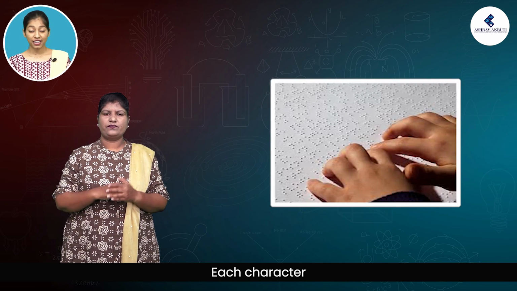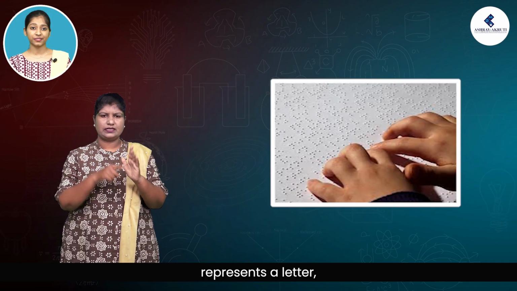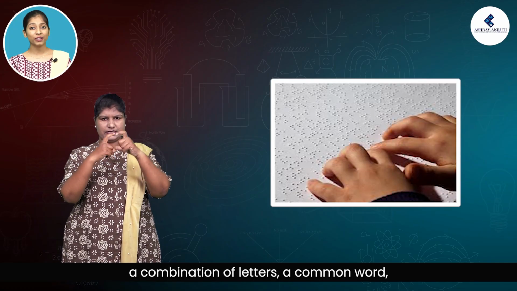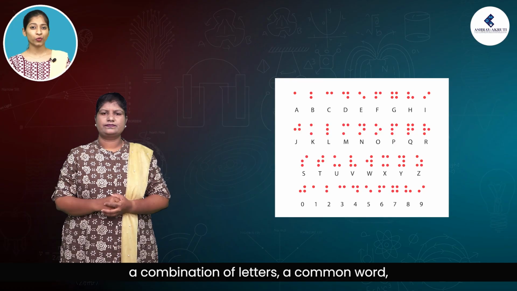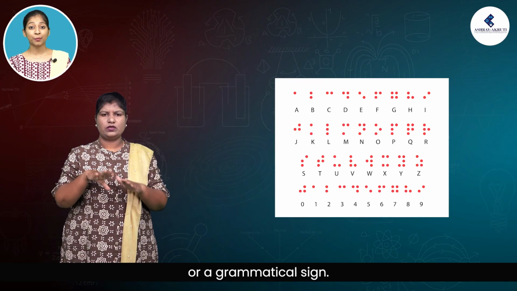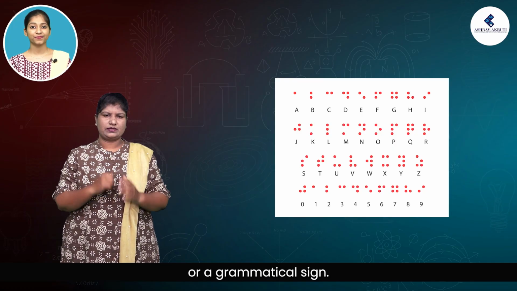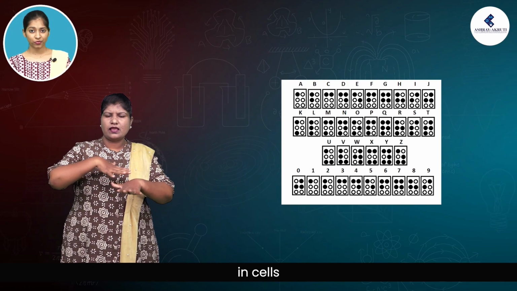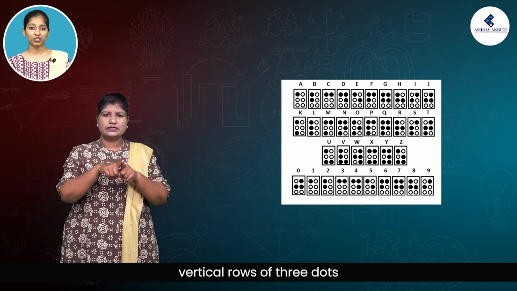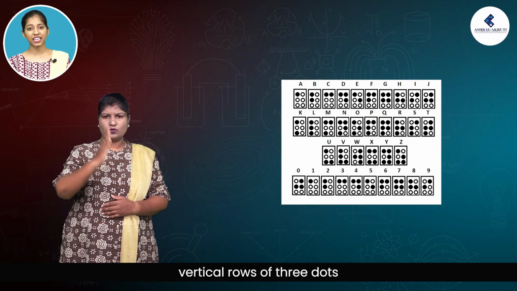Each character represents a letter, a combination of letters, a common word, or a grammatic sign. Dots are arranged in cells of 2 vertical rows of 3 dots each.